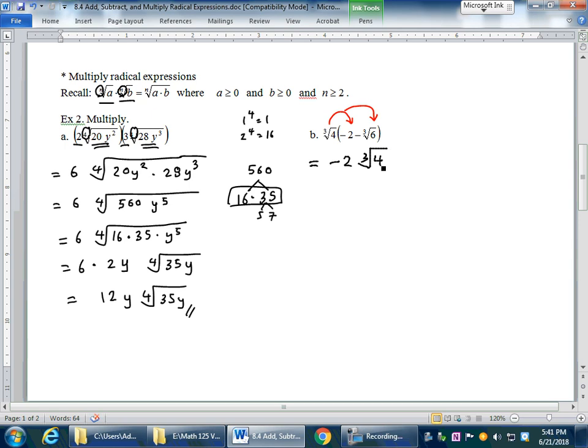But for the second term, since they both have cube root, I can multiply the radicands together. So that will become minus cube root of 4 times 6. That will give me 24. Now, we need to simplify this, which is negative 2 cube root of 4. 24 is basically 8 times 3.